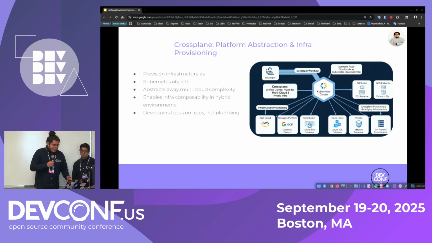Use Kubernetes native definitions. By doing so, Crossplane abstracts away multi-cloud complexity. The biggest benefit: developers can finally focus on the application, not plumbing. They get consistent workflows, while operations gain governance and control.